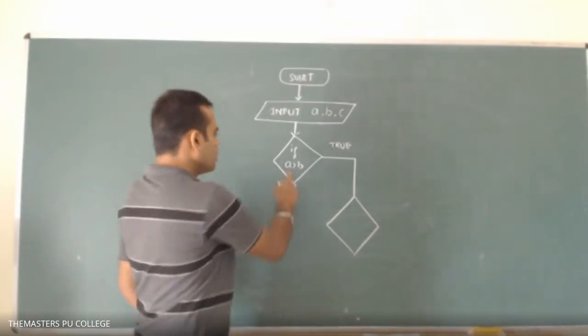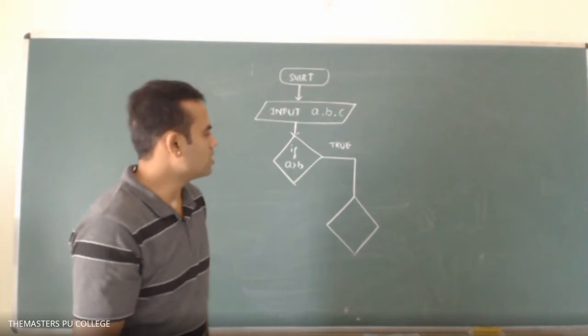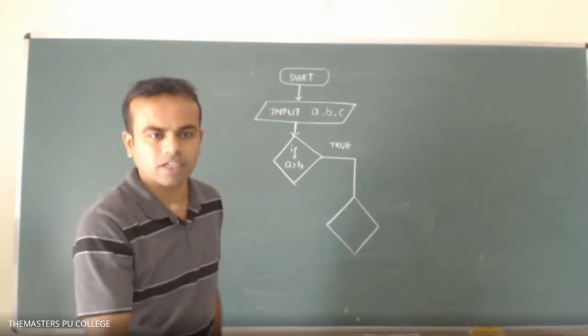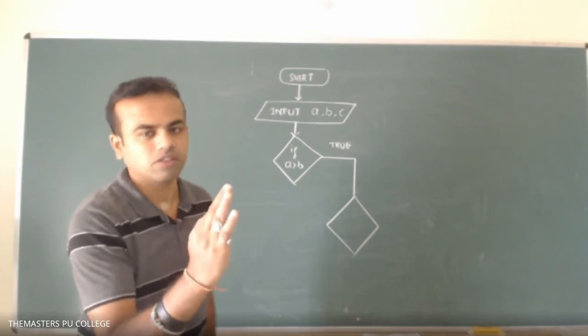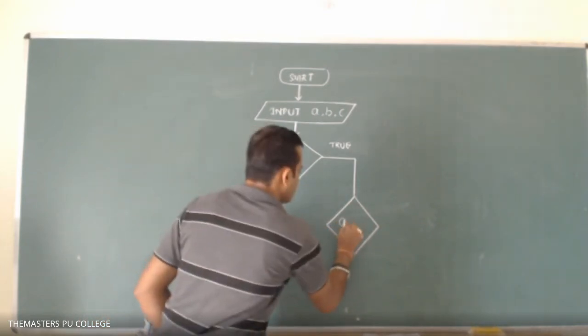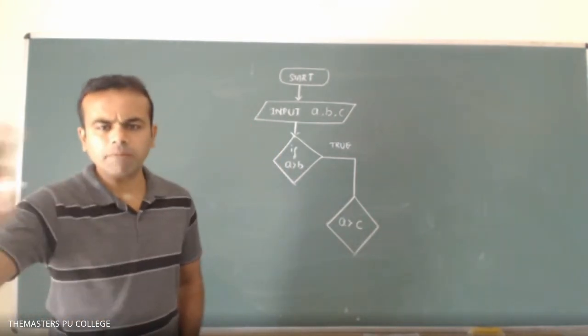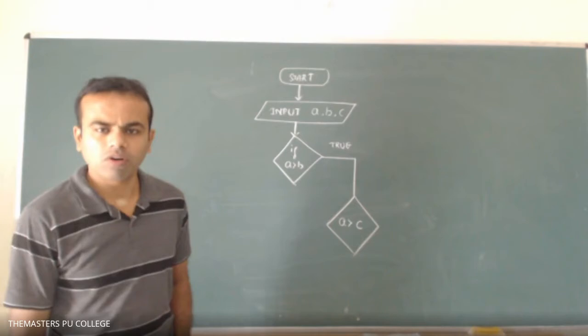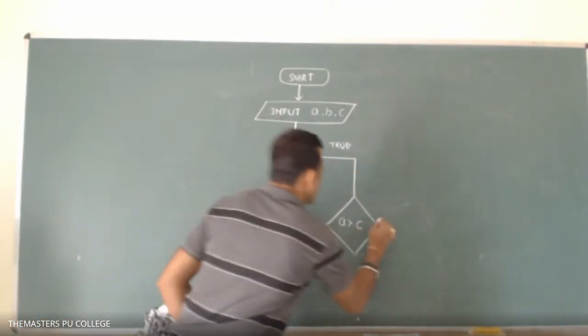First, a is greater than b, the first element is greater than the second element. The first element should also be greater than the third element. So in the first condition, a will be the biggest number. Will you agree? A will be the ultimate biggest number.